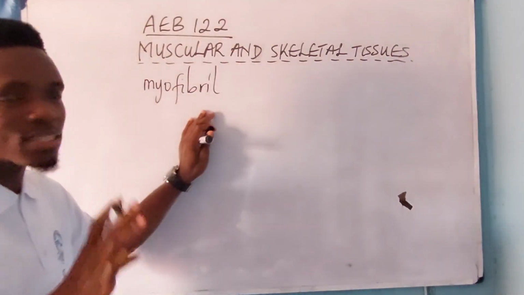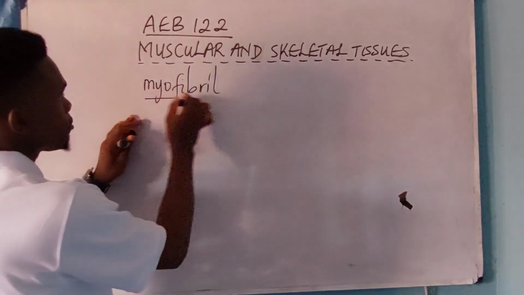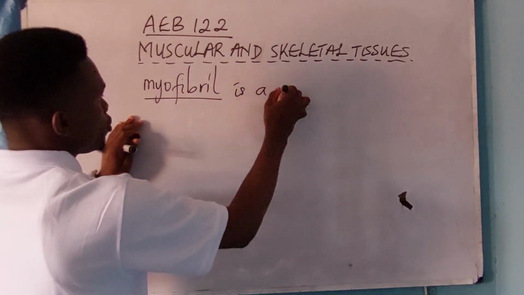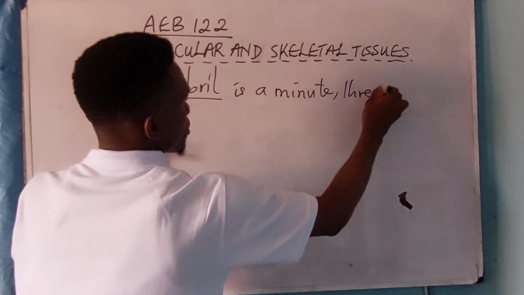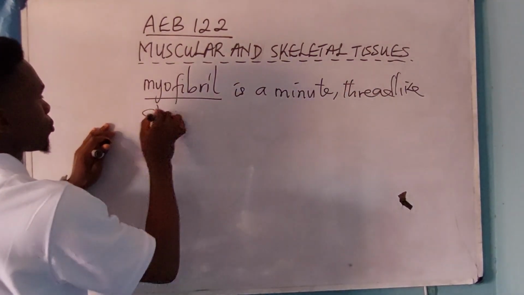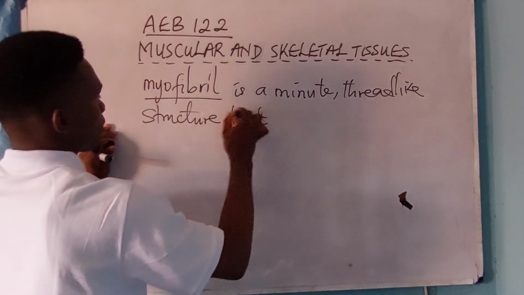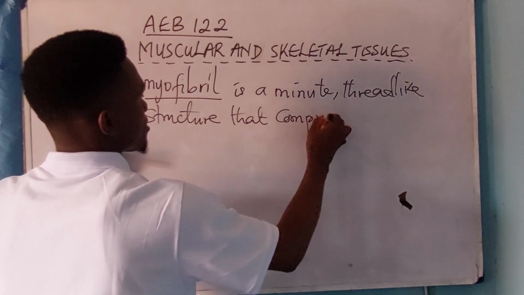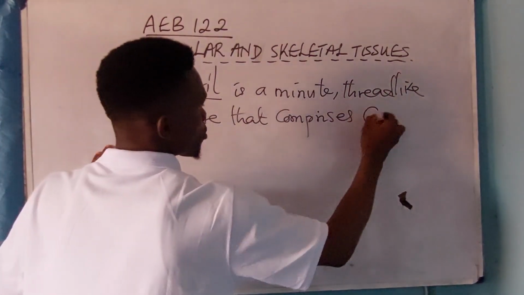Myofibrin is the basic unit of all muscles found in the body, and the myofibrin is a minute, thread-like structure that comprises what? Complex proteins.